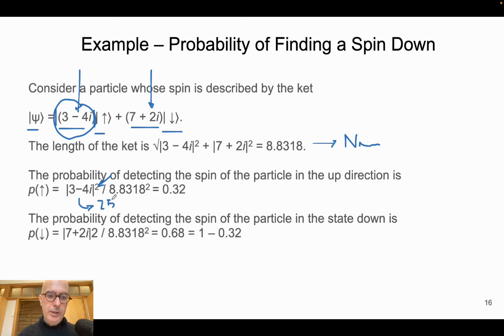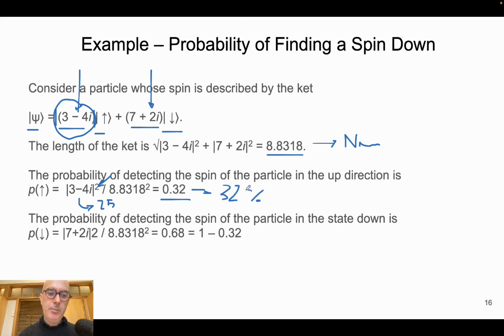And then we divide it by the square of the norm. So we have the norm of the full ket, this one. We take the square, and this number is 0.32. That means that the probability of finding our electrons in the state with the spin up is 32%.